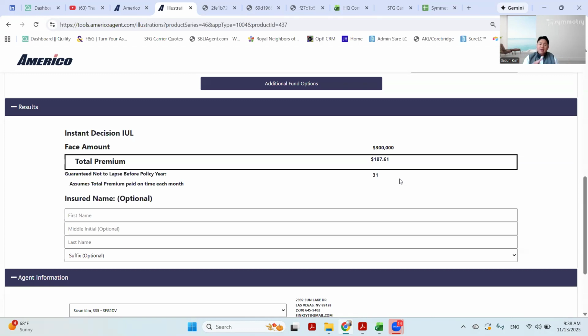And if you had a critical, chronic, or terminal illness like heart attack, stroke, cancer, or if you're in a long-term care situation where you can't do 2 out of 6 activities of daily living, then we're going to help you to pay off your home early while you're still alive. But if you don't die or get sick in the next 30 years, then you outlive the policy and the policy goes away. Okay, and that plan is $134 a month.